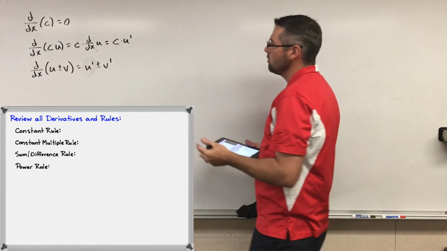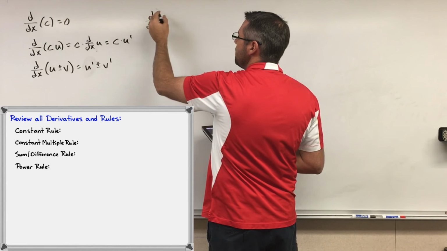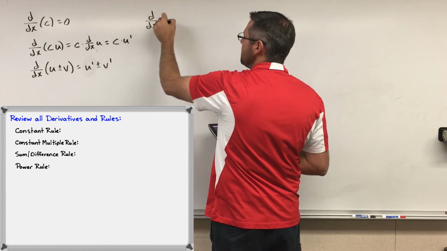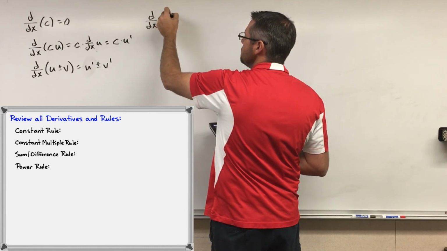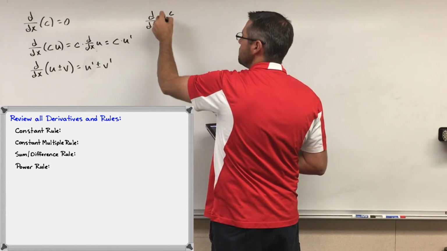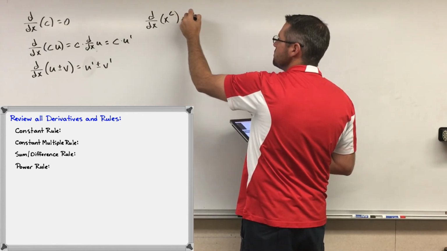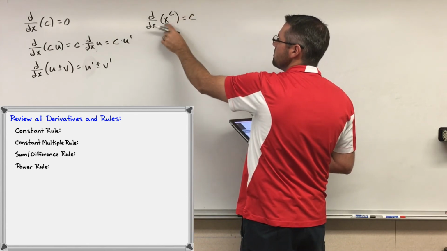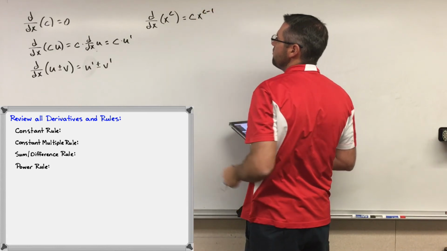Then we got into the power rule. The power rule stated that the derivative of any base of anything, let's say it was x, raised to a constant, the derivative of a variable raised to a constant is equal to multiplying the exponent to the front, and then subtracting 1 from the exponent.